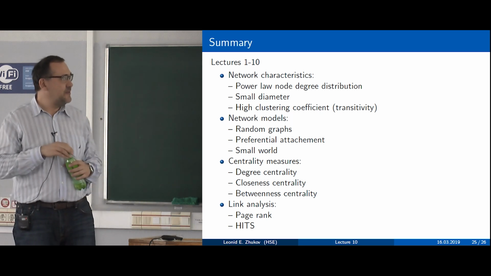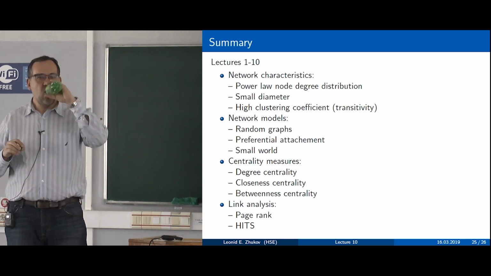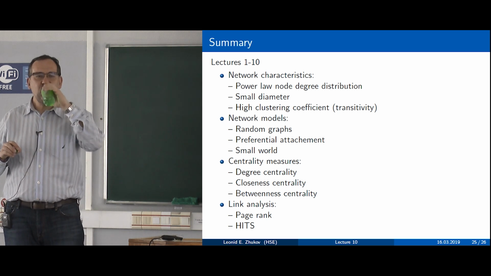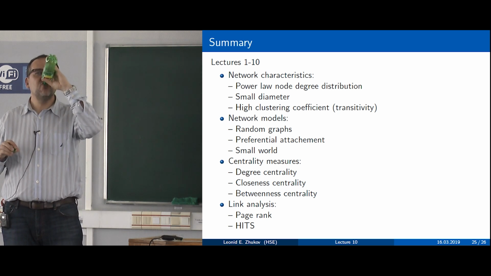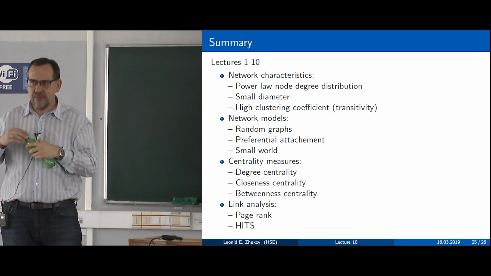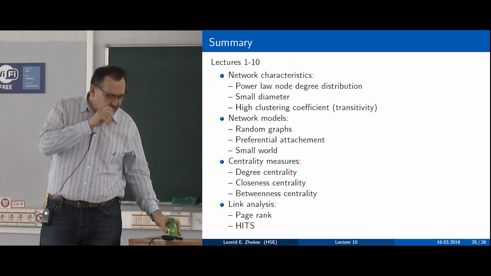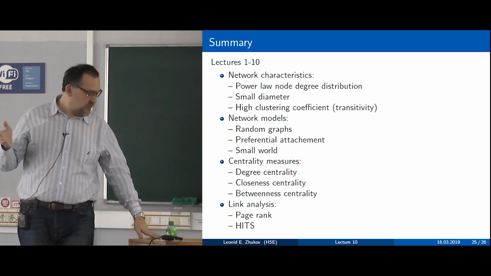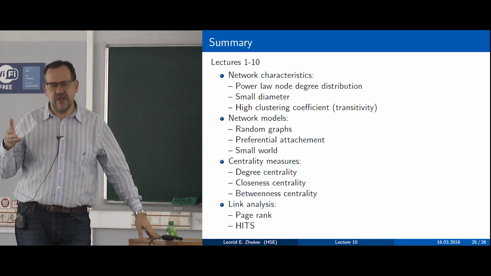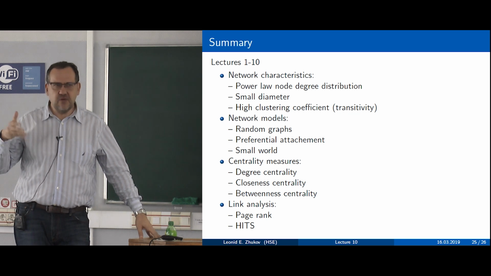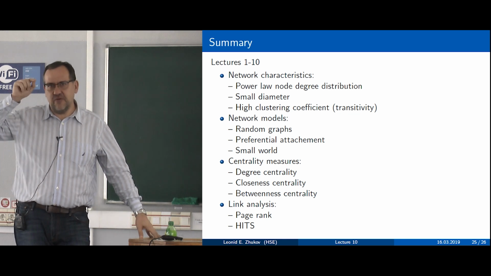What's closeness centrality? It is the centrality based on the shortest path, right? I'm sorry, not the number, but the sum of the lengths of all the shortest paths from this node to all other nodes, right?